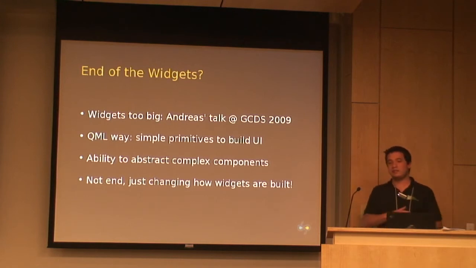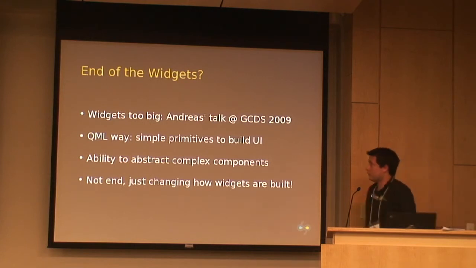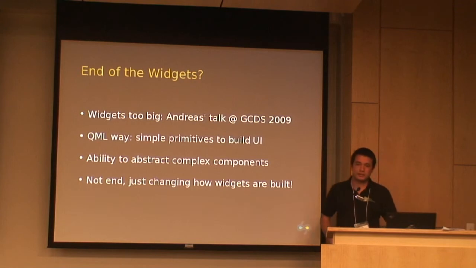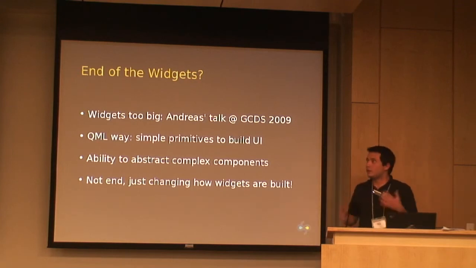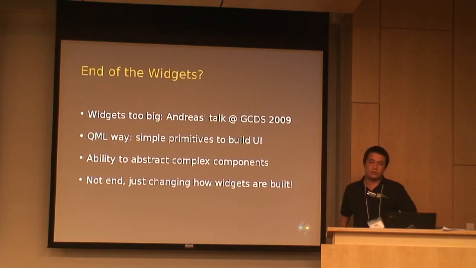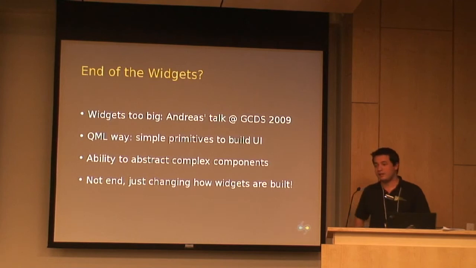How do we still do things in C++, etc.? If you heard about it, Andreas from Qt Software did a talk at the Gran Canaria Desktop Summit last year talking about widgets, and one of the conclusions of the talk is that the existing widgets were too big and you had to work with smaller primitives, smaller parts, and that's what QML does.